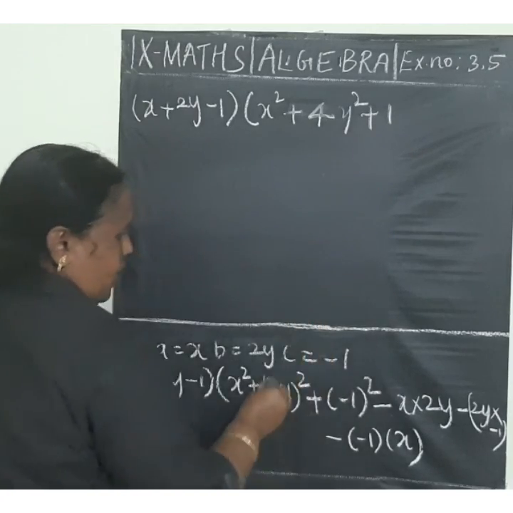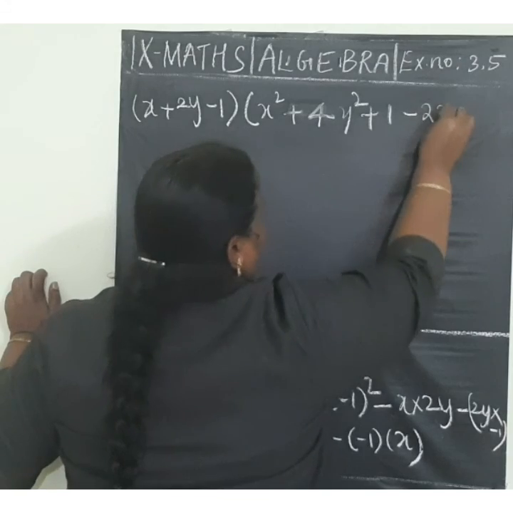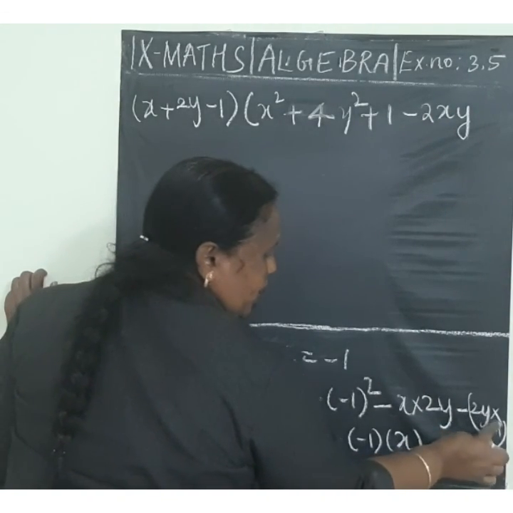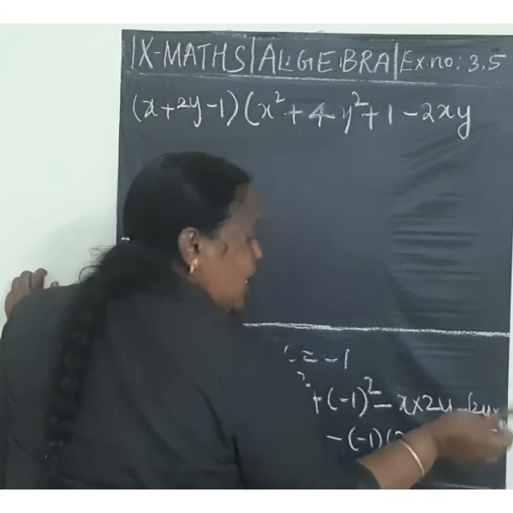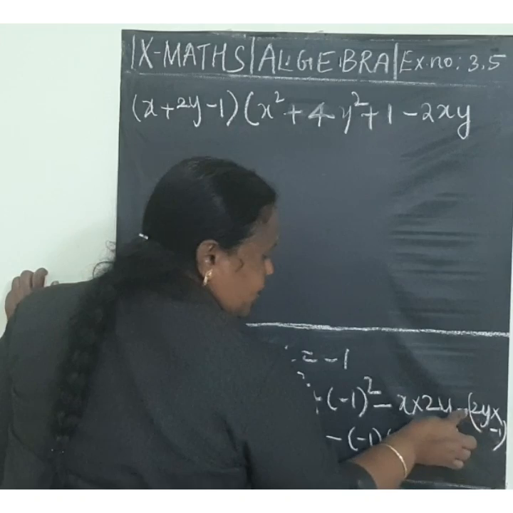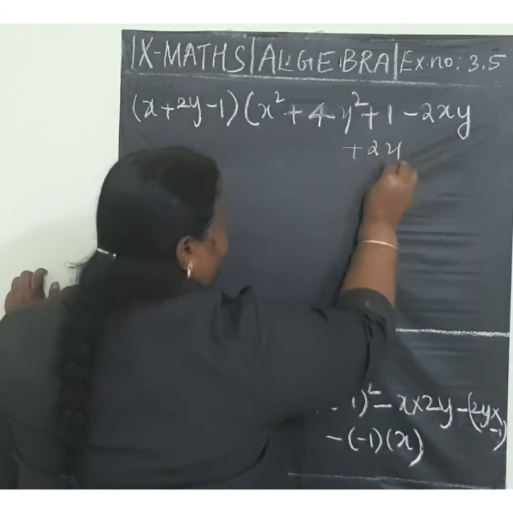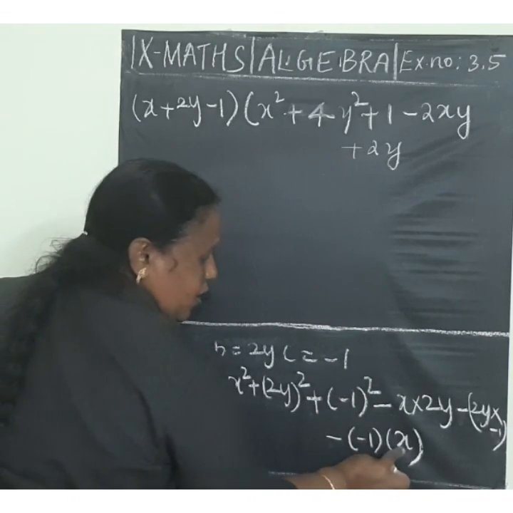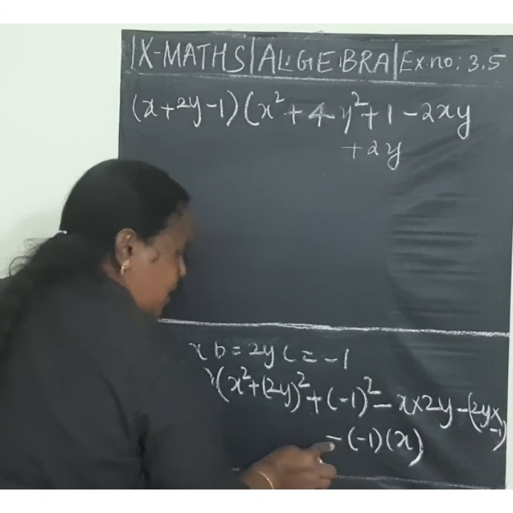So here plus 1 minus x into 2y, so minus 2xy. Here minus 2y into minus 1, minus into minus is plus, so here plus 2y. Next minus 1 into x, minus x into minus is plus x.